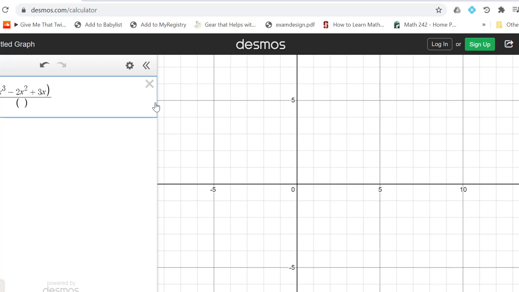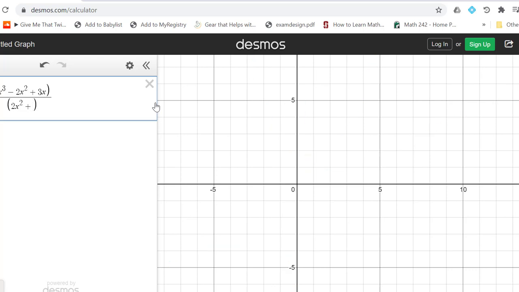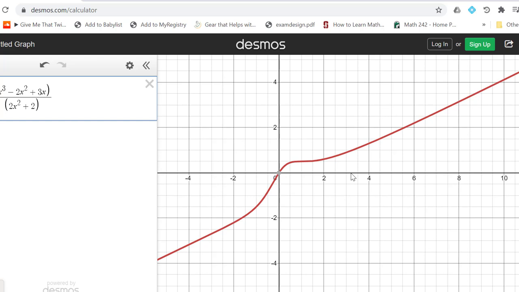Okay, here's the numerator, 2x squared plus 2. Yeah, I thought it was going to be kind of cool looking. So see how it is like a line with a weird bump to it. And you would not really be easily able to guess the equation of the line without finding the slant asymptote. So it's cool that we know where it's trending towards.